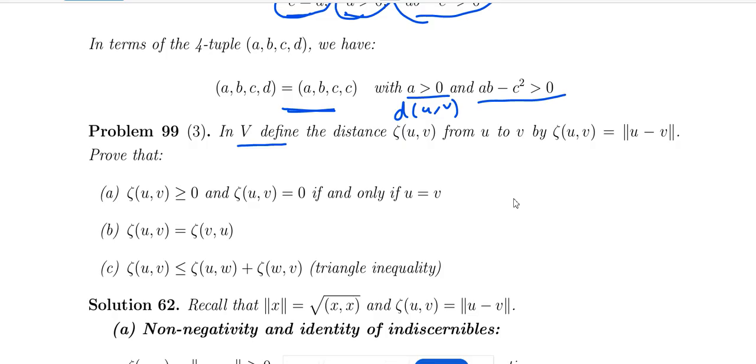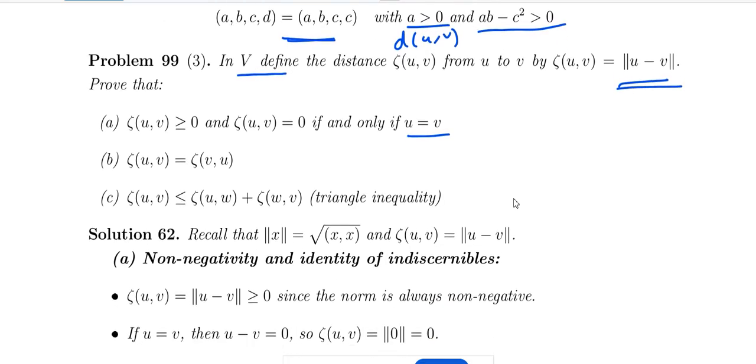That is, the distance of u and v is defined as norm of u minus v. This is very important. In this case, the distance of u comma v is always greater than or equal to 0, and the distance of u comma v equal to 0 means that u equals v. The distance of u comma v is always the distance of v comma u, and the triangle inequality is true.